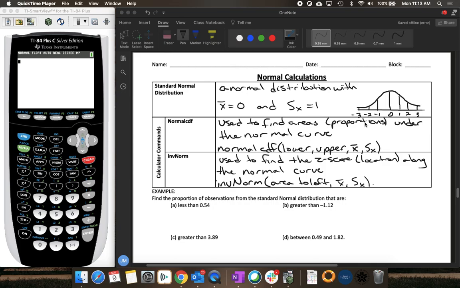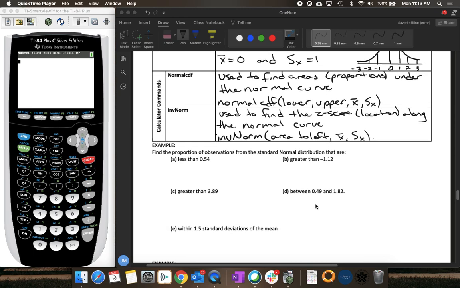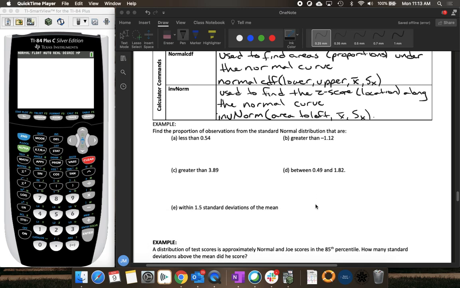So let's take a look at some examples here. Let's find the proportion of observations from the standard normal distribution that are less than 0.54 for part A. So if we think about what that would look like, let's just draw a simple picture. You've got your standard normal distribution. Remember, in our standard normal distribution, the mean is at 0, and we want to know less than 0.54.